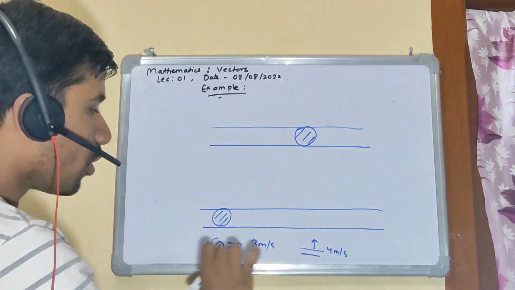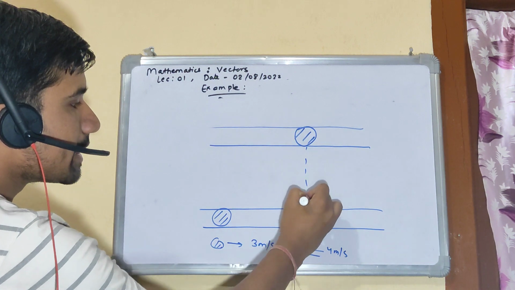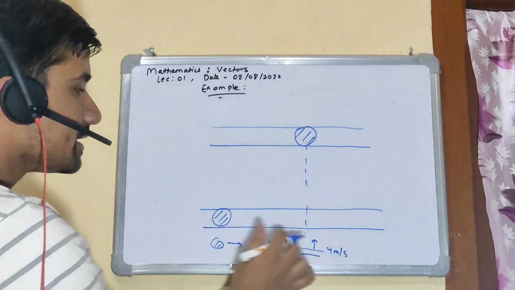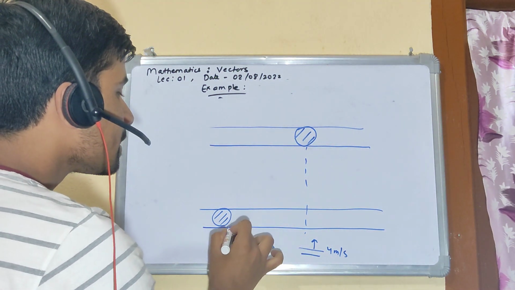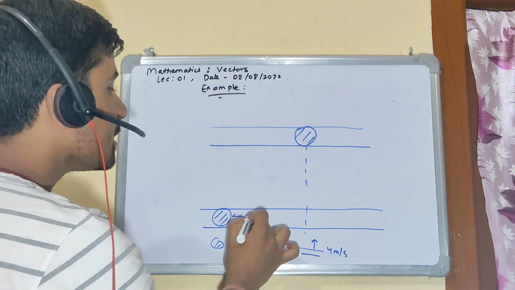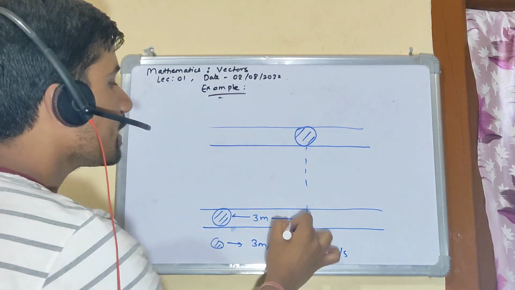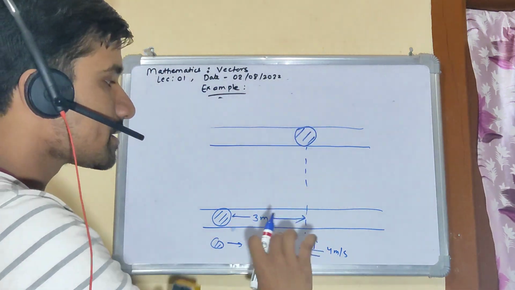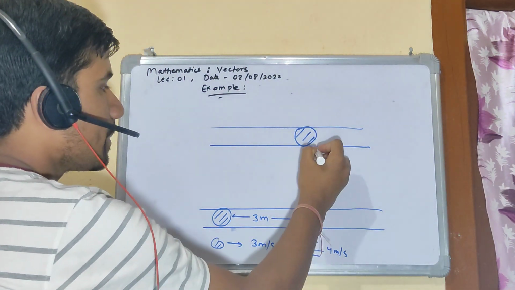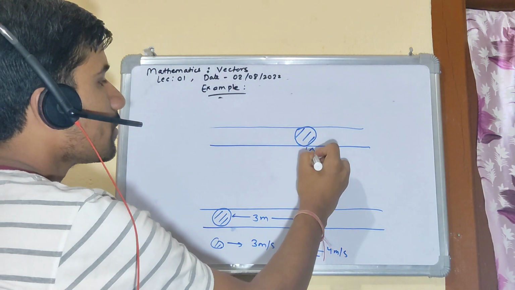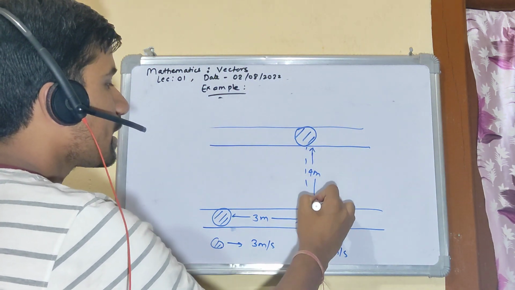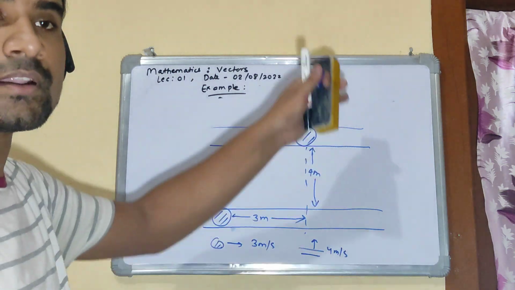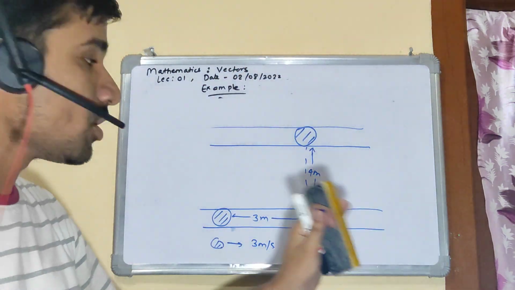Horizontally, since it is 3, the distance this ball will travel in 1 second is 3 meter. But the distance this pipe will travel is 4 meter. This tube has traveled 4 meter vertically, this ball has traveled 3 meter horizontally.